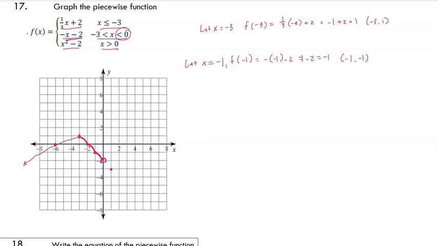No, what am I doing? Sorry, it's actually up 1 to the right 1, and then up 2 to the right 4. Negative 1, 1, negative 1. Okay, there we go. And there's just an open circle there.